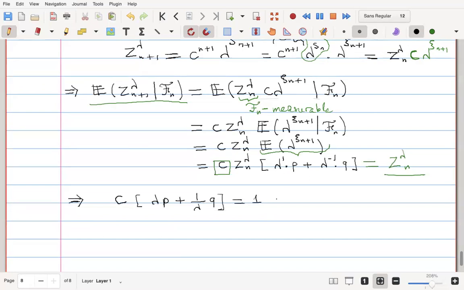And this is equivalent to what? This is equivalent to C into 1 by lambda, factor of lambda square P plus Q equal to 1.